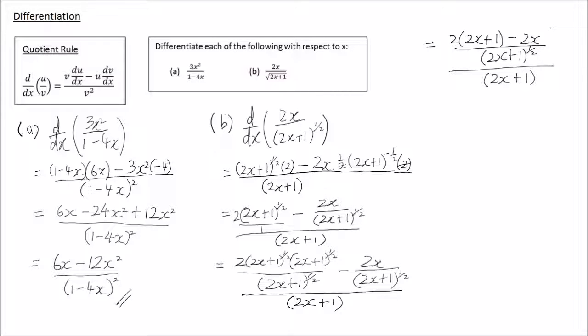Meanwhile, the numerator here can be simplified. Expanding out, I'll get 4x plus 2 minus 2x over the product of this bracket and this bracket.